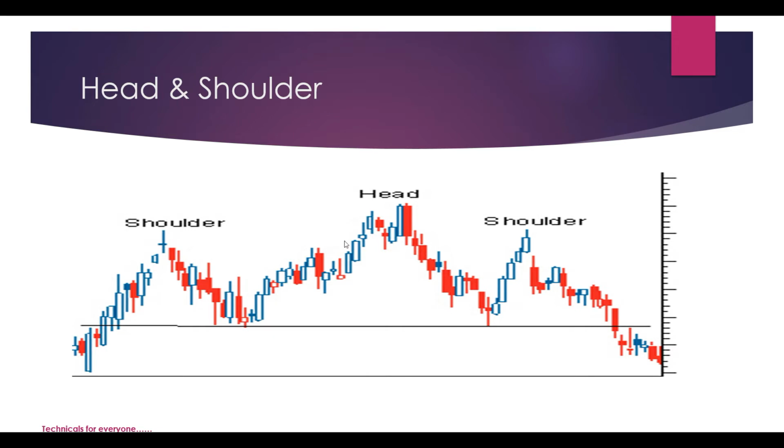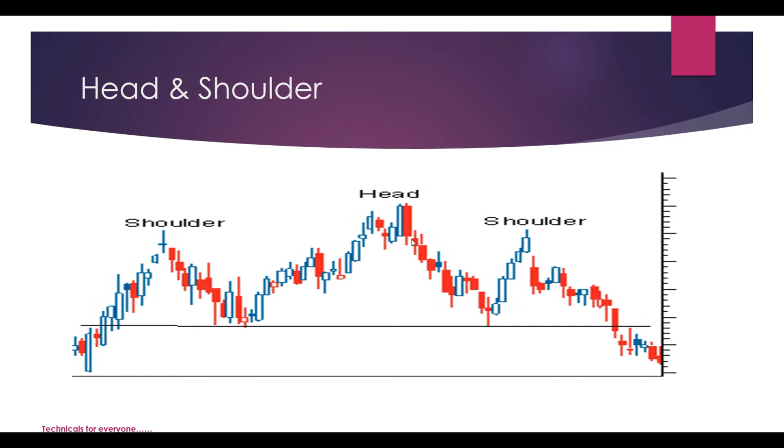Till this point we are not in the mindset that this is getting into a head and shoulder pattern. Once the trend line is broken here, then we have a doubt. Then the market has come down till here, then again the market reverses and goes to the second high, the third high basically.